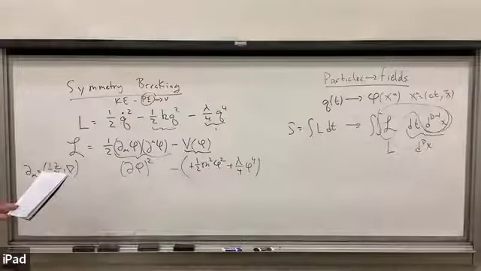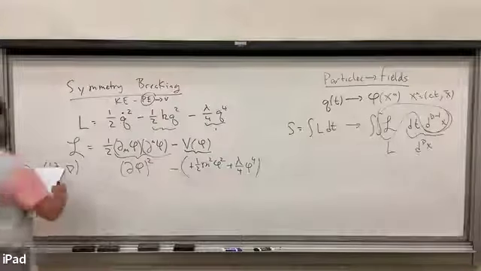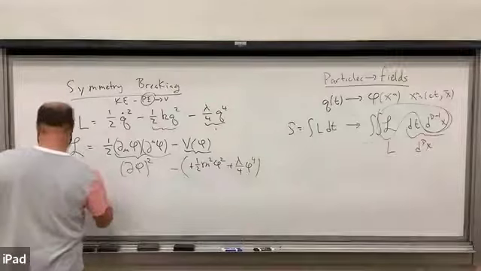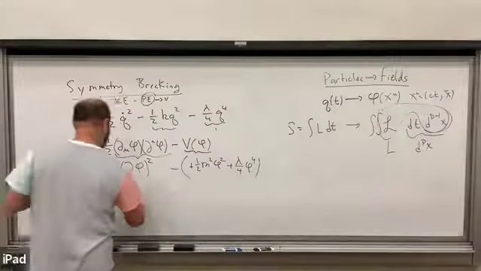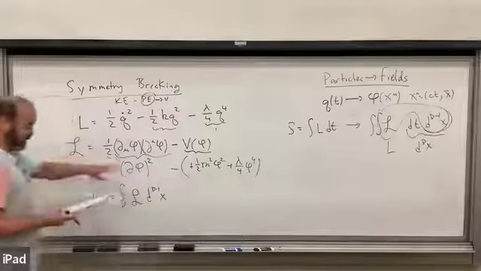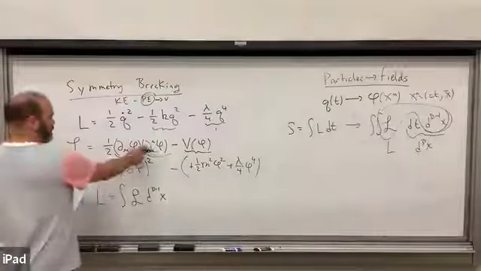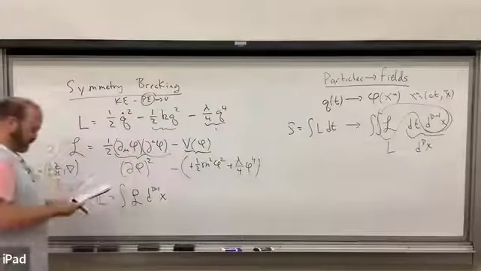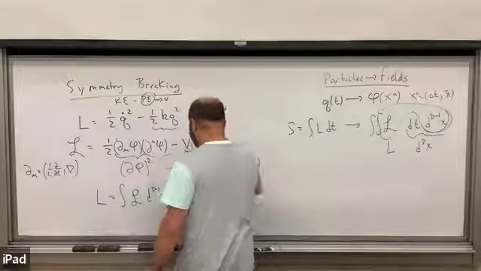So let's write down our Lagrangian that results from this. Our Lagrangian is going to be that Lagrange density. And now I'm going to do something a little bit odd. I'm going to take part of this and put it with the potential, all right? So let me expand this out.